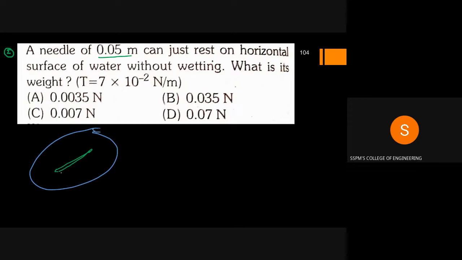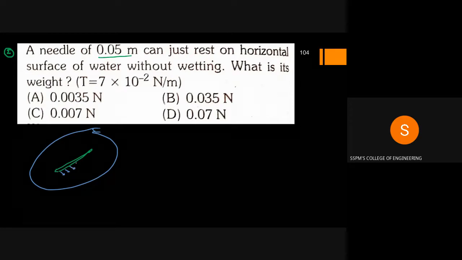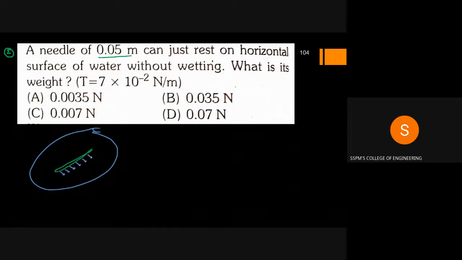So water will try to apply the force due to surface tension along its length. Okay, suppose the total length of the needle is L. So this is the force. So surface tension, its formula is T is equal to F upon the length on which the force will act.